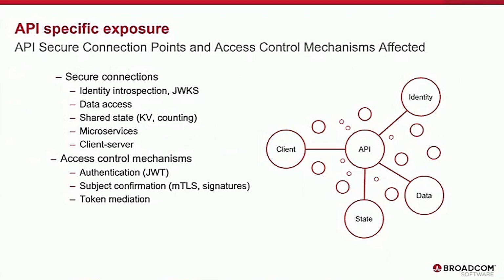Let's talk about the API-specific exposure when it comes to the post-quantum threat. API secure connection points and access control mechanisms are numerous. Think of all the secure communications. For us at layer 7, we tend to be in the middle of everything. We're a gateway. We will have a connection with the identity layer.